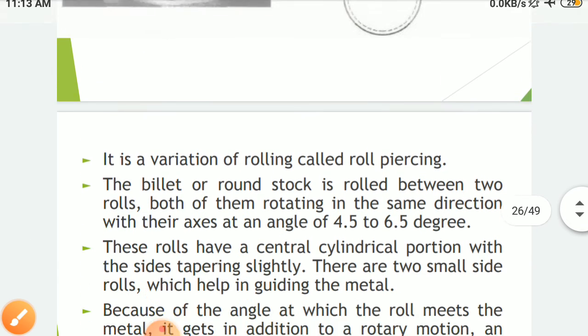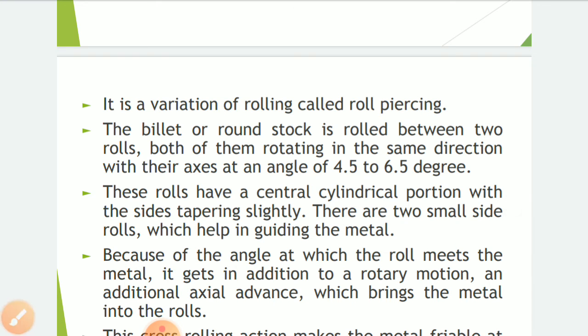So you can see here it's a variation of rolling, and that's called roll piercing. The billet or round stock is used between two rollers, both of them rotating in the same direction with their axes at an angle of about 4.5 to 6.5 degrees.